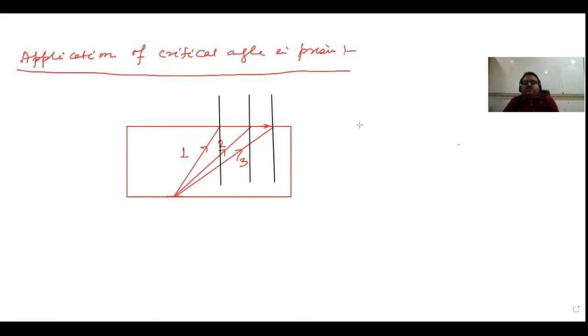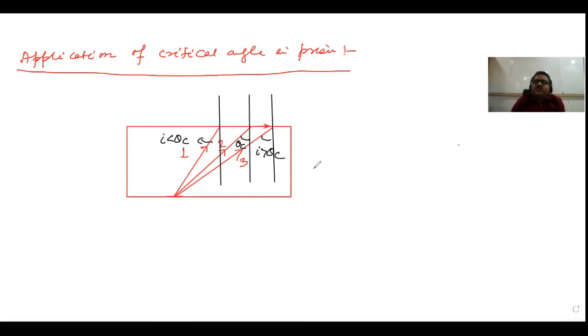Now watch it. It is quite clear from the figure that this ray is grazing the surface, so this is the critical angle. And this is less than critical angle, and this is more than critical angle.